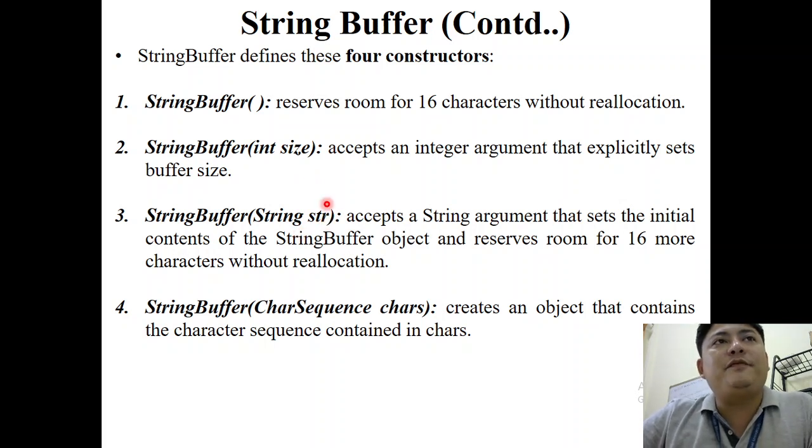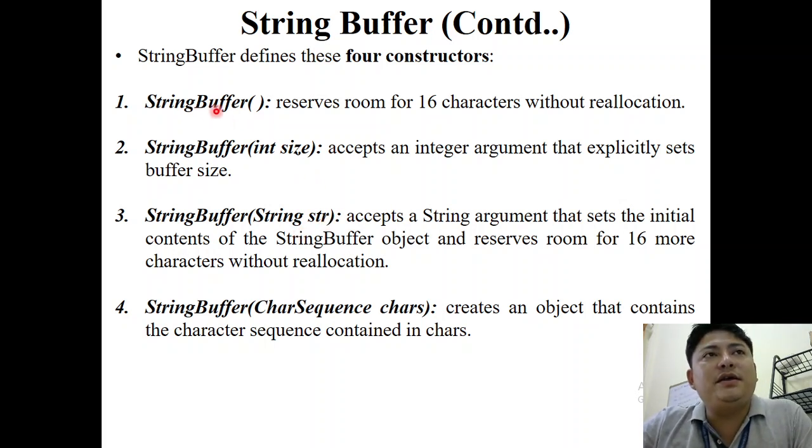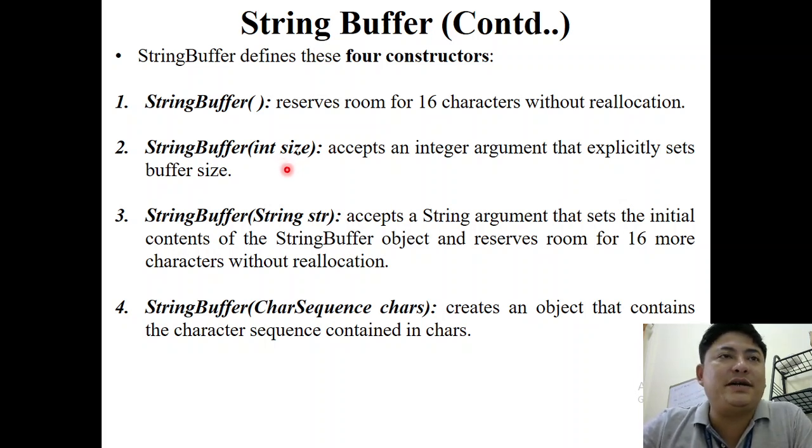Just a recap. When we create an empty string without specifying any dimension, by default it will allocate 16 characters, 16 holes. If you want more or less than that, you specify the value over here. You can even create 100 cells where you can store 100 characters at the same time.